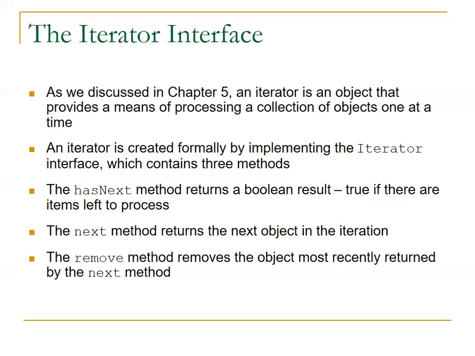The iterator interface. Okay, so this is basically the latter part actually, but we will just take a quick review, because the iterator is a kind of container which has hasNext, next and remove methods. Okay, the iterator is created formally by implementing the iterator interface.